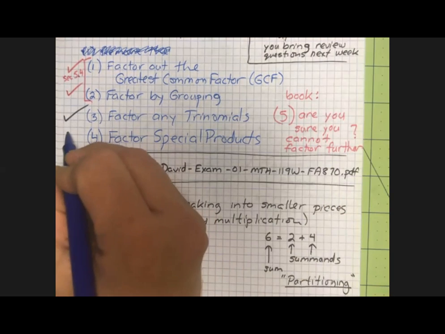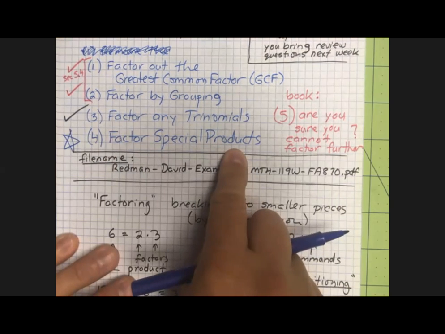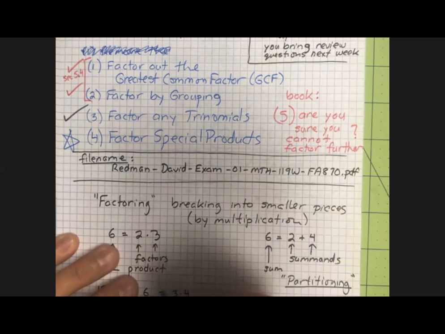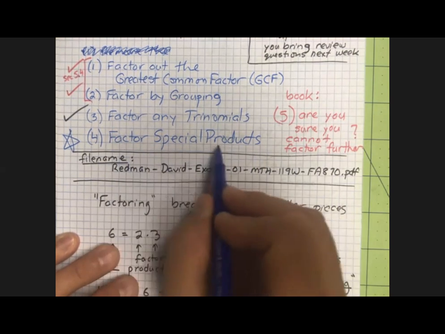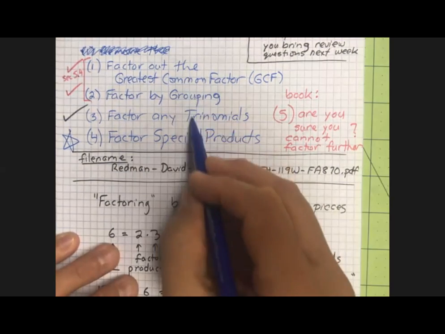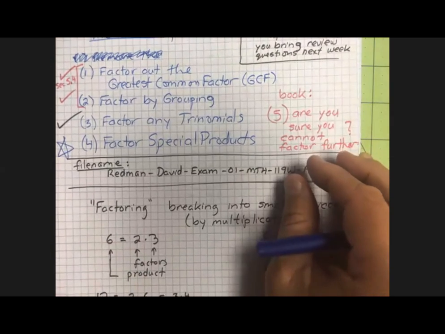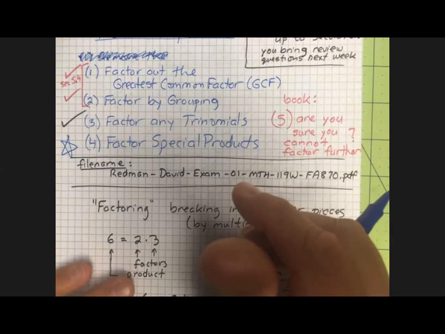There's one more thing you can do. Sometimes there's some special products. Maybe you've heard of them before. Difference of two squares, difference of two cubes, sum of two cubes. Sometimes there's some special things you can do to break a polynomial down if it doesn't fit in any of these categories. That's what I'll show you next time, along with section 5.7 and 6.1.